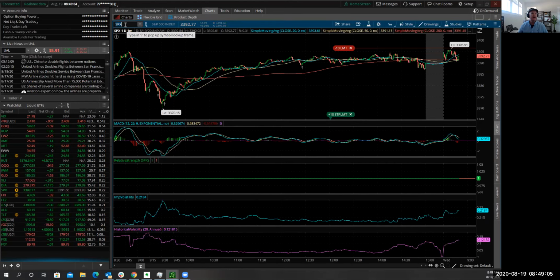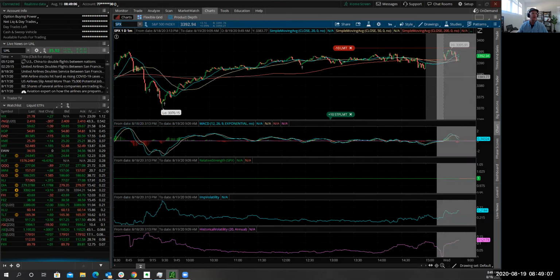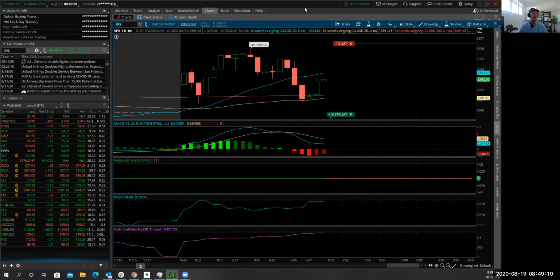I do not normally put stop losses on, but because SPX trades for $3,393 a share, it's a big underlying, it becomes more dangerous not to. So now you put the stop loss only on the short side. I put the stop loss only on the short side. Yes.